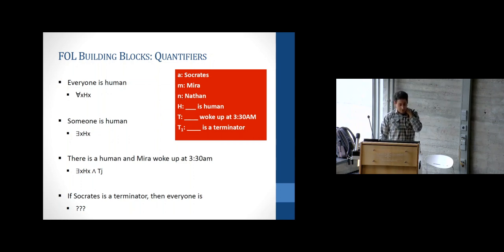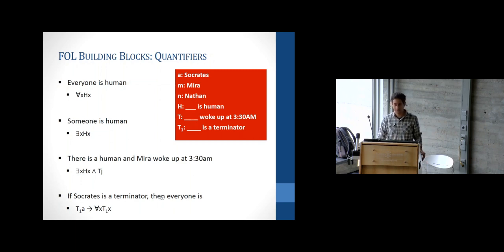If Socrates is a terminator, then everyone is. This is a more complicated idea. But first of all, when we look at the sentence, what is the main connective that shows up here? Conditional. And then when you say a word like everyone, now what will it be? For all, right? So if Socrates is a terminator, then for all x, x is a terminator.